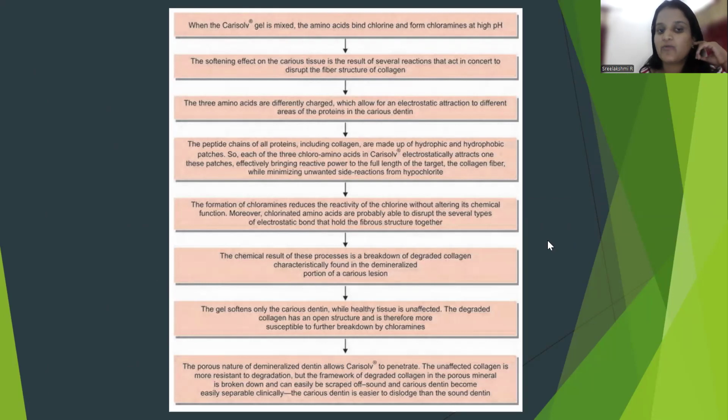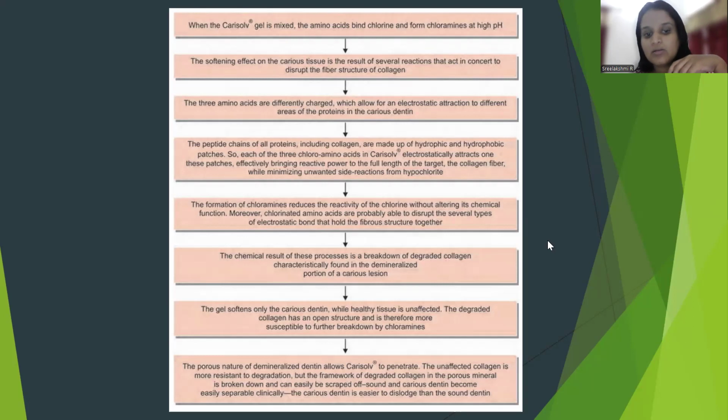The peptide chains of all proteins, including collagen, are made up of hydrophobic and hydrophilic patches. Each of these three chloroamino acid derivatives in Carisolv electrostatically attracts one of these patches, which effectively brings reactive power to the full length of the target collagen fiber, while minimizing unwanted side reactions from the hypochlorite. The formation of chloramines reduces the reactivity of the chlorine without altering its chemical function.